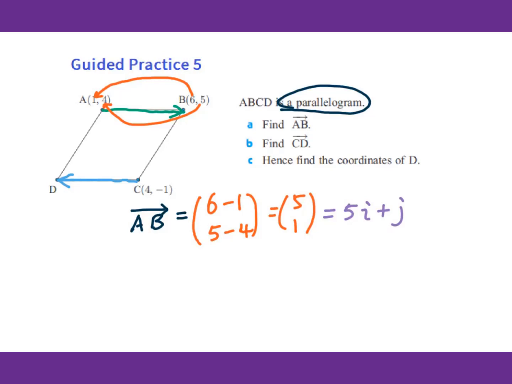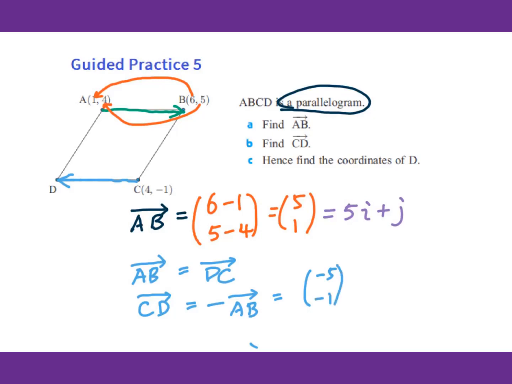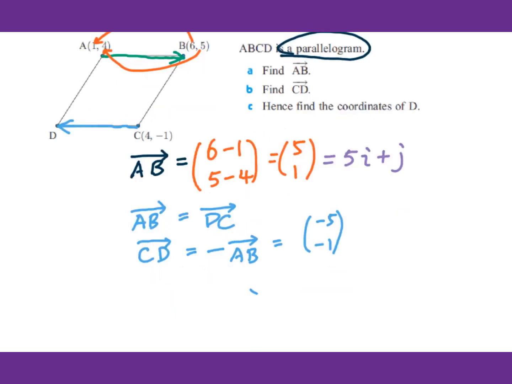In other words, for this parallelogram, we have vector AB equals vector DC. Since I'm looking for vector CD, which means negative vector AB, so we get negative 5, negative 1. This will be the answer to B.